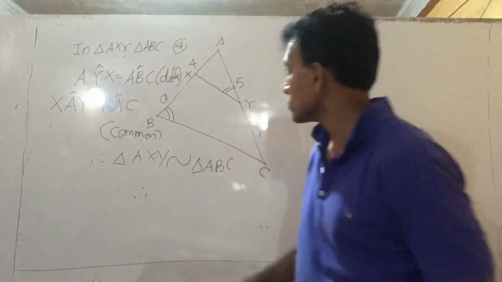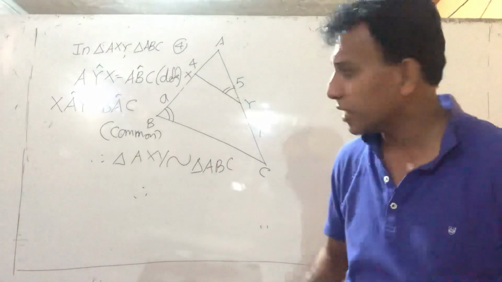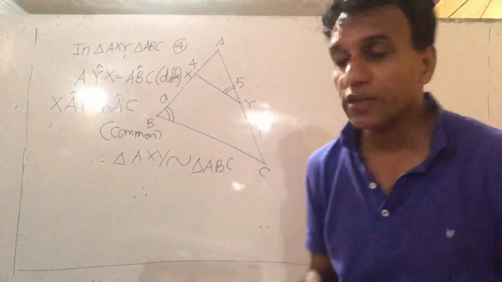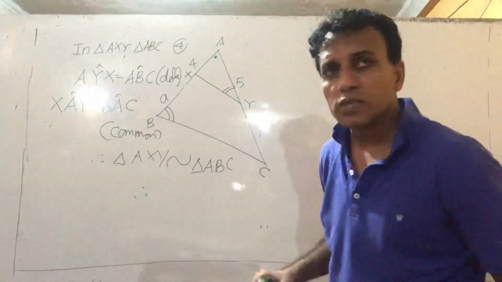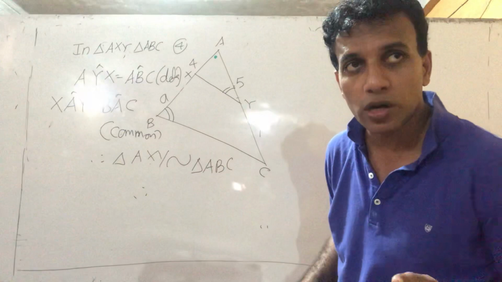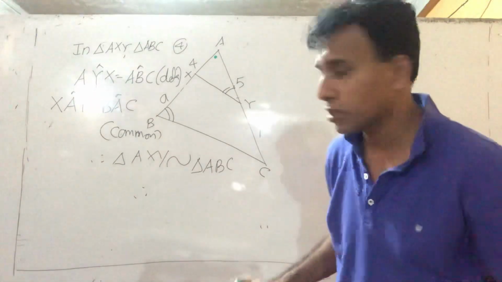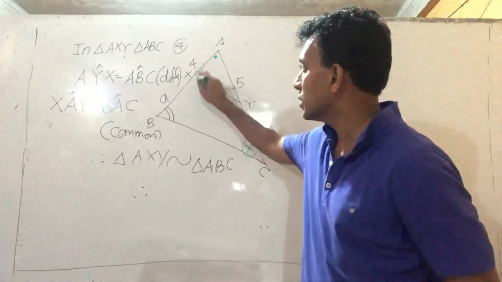I said always take the unknown first. The unknown is small a, which is not a side of a triangle. So I mentioned common. If 2 angles are equal, the third one is automatically equal. This third angle equals this third angle.